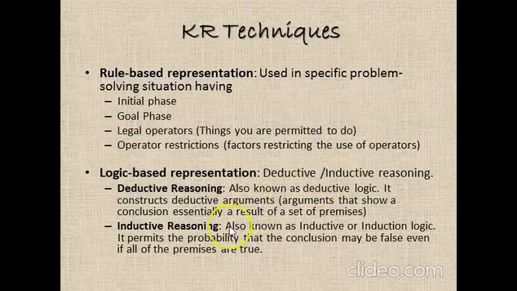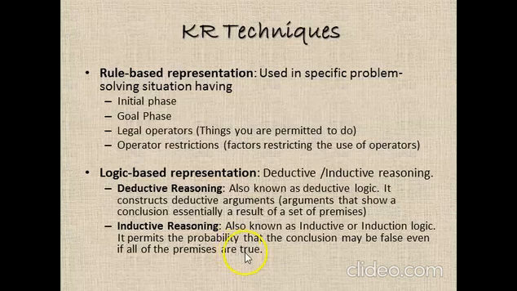Another one is inductive reasoning, also known as induction logic. It permits the possibility or probability that the conclusion may be false even if all of the premises are true. So conclusions can have false values even if all the conditions pertaining to those premises are true.